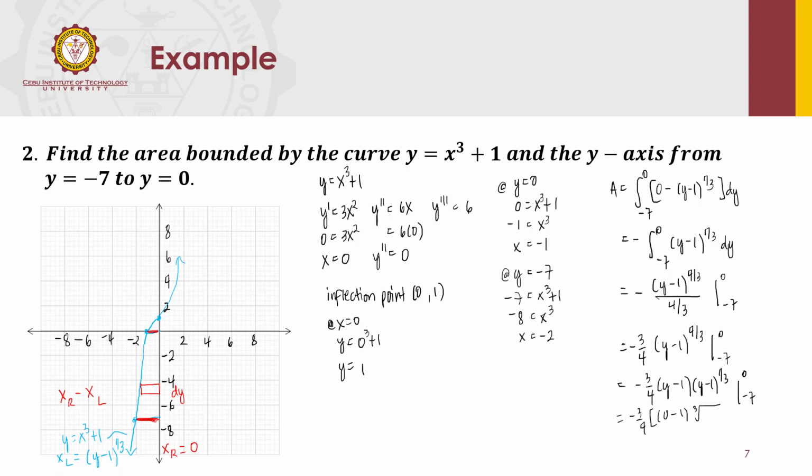Cube root of 0 minus 1, and then subtract, negative 7 minus 1, it's negative 8. So I'll just write negative 8 times cube root of negative 8.